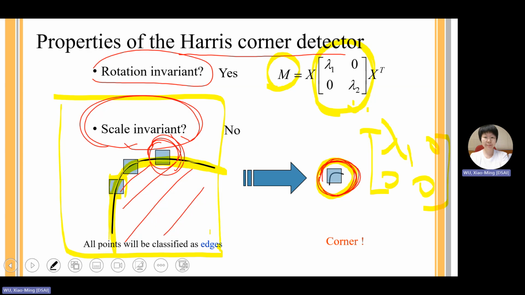Within an image, there are many corner points. There are small corners, medium corners, and large corners. We cannot identify all the corner pixels using a fixed window. Then what should we do?